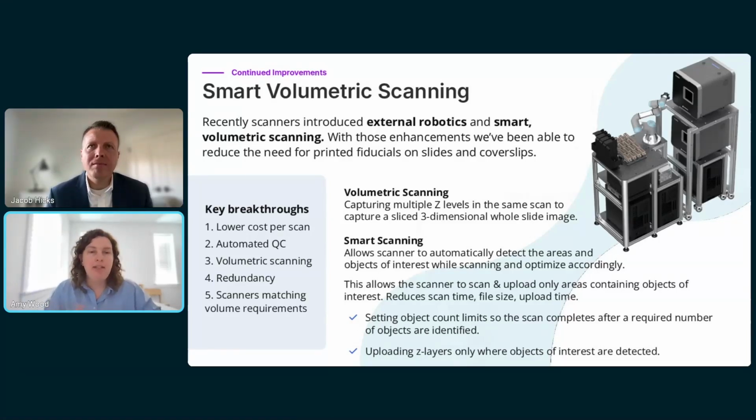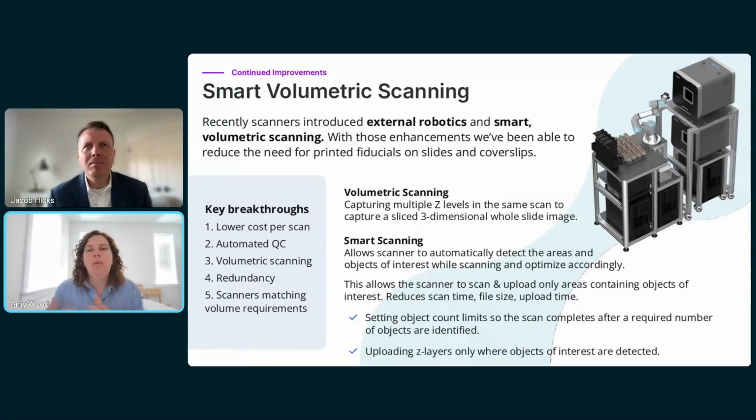The smart scanning piece is that as the image is being acquired, we take one area, and then as the scanner moves to take an image in the next area, we can take that first area and run our classifier on the scanner as the scan is happening. So while the slide is still loaded there, we can start the classification process and start to find where those objects of interest are.